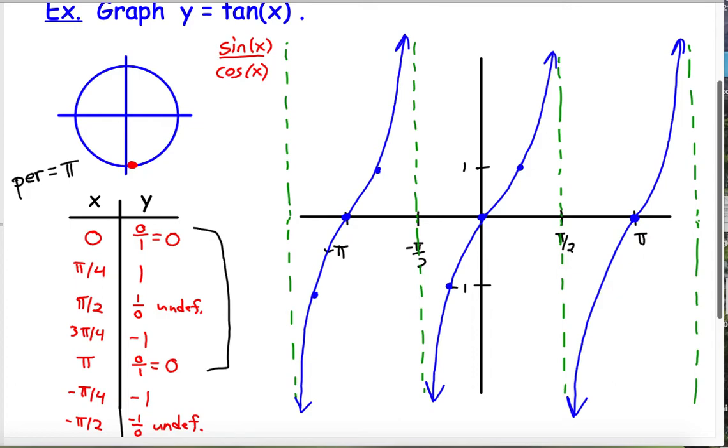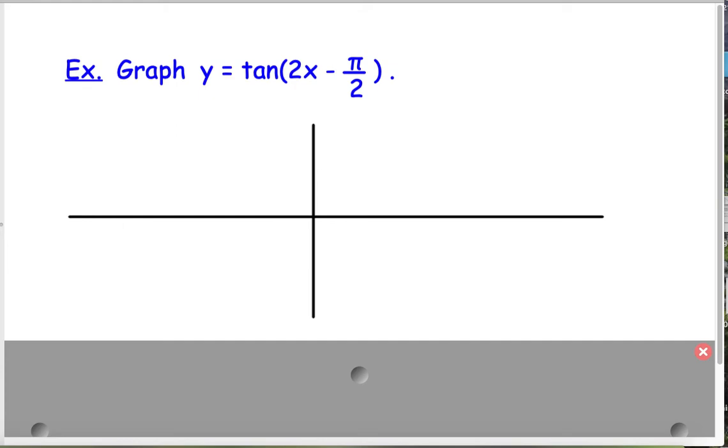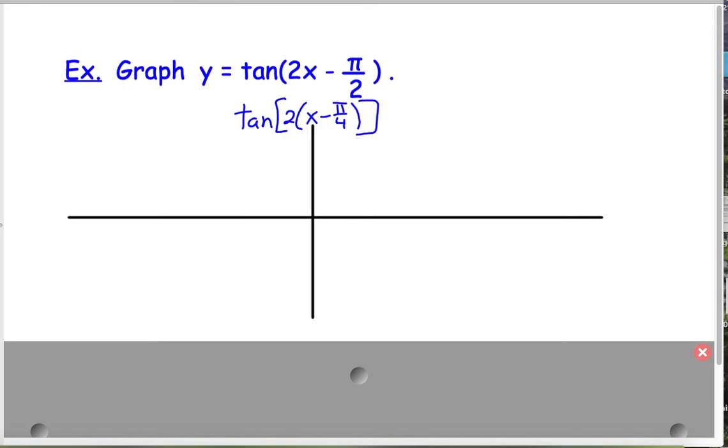And so then you should be able to, just like we've done with sine and cosine, do some transformations with a tangent graph. Just a reminder, I won't work through the whole tangent graph, but remember, you need to factor out the coefficient. So this would become x minus pi over 4. There's no amplitude on a tangent because it goes up to infinity and down to negative infinity.